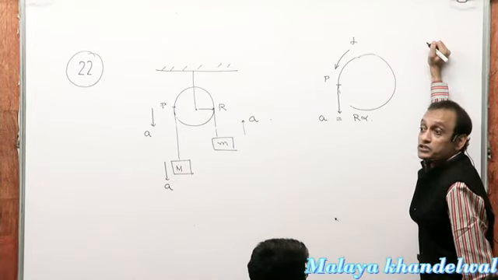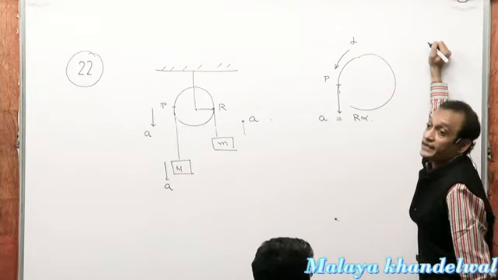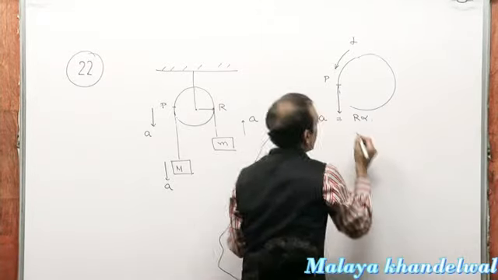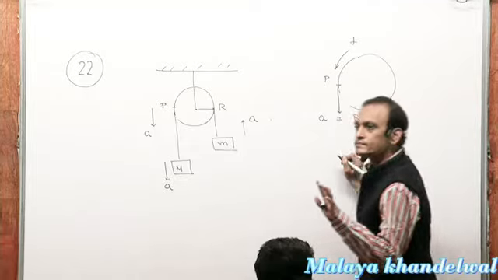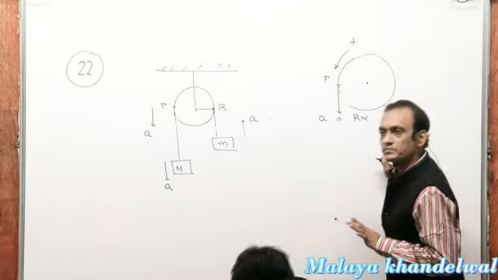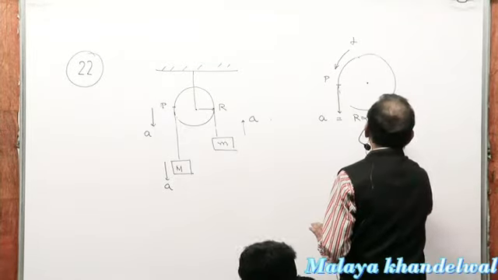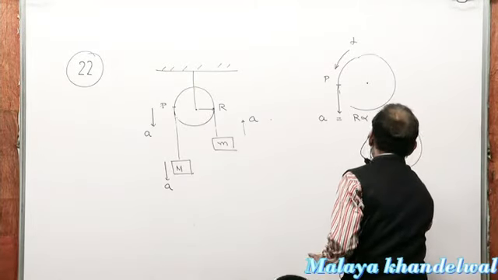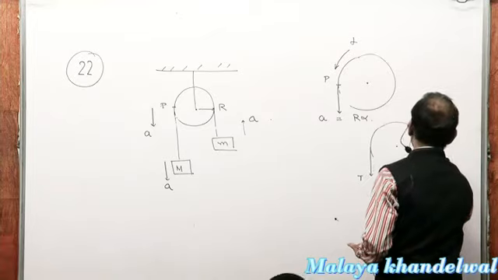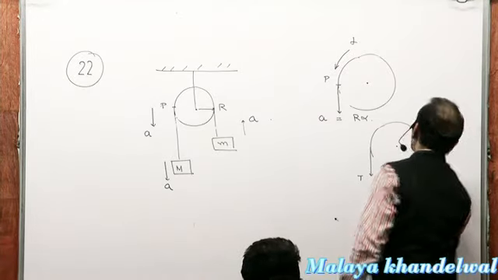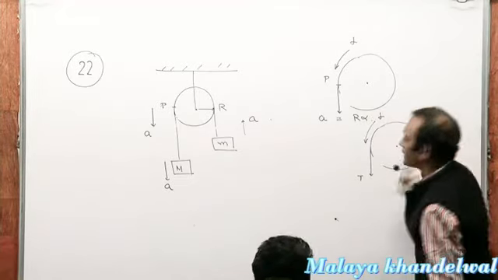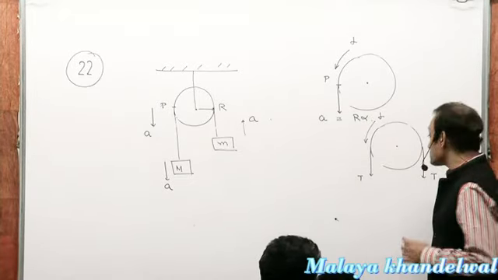How would angular acceleration be produced? The cause of angular acceleration would be torque, right? Now, torque about the center of mass, because this is hinged at the center. If the tension was the same on both sides of the pulley, and you still expected the pulley to have an angular acceleration alpha like this, can that happen?